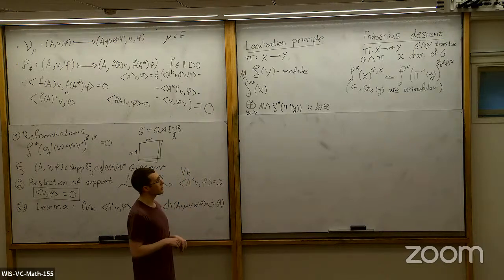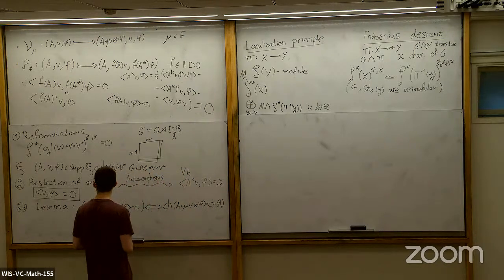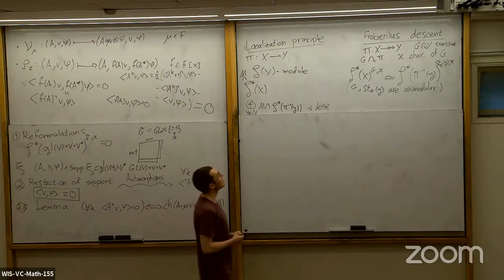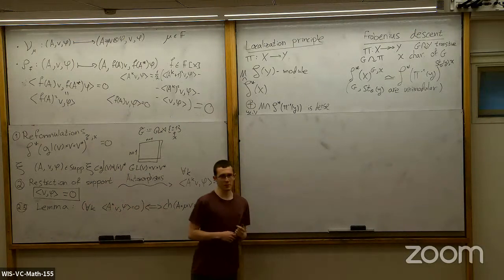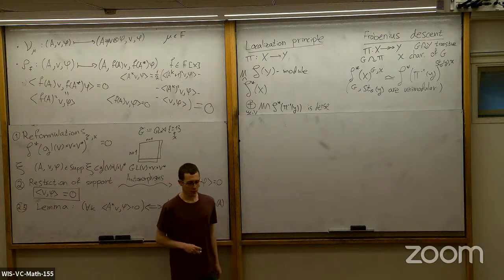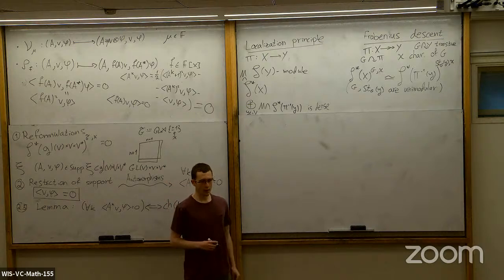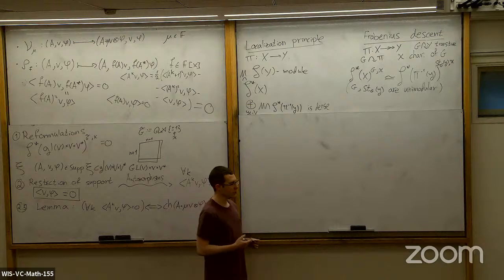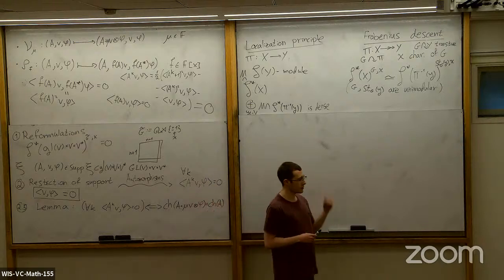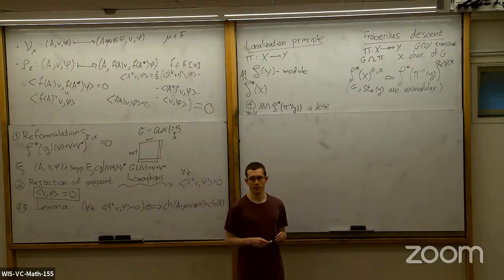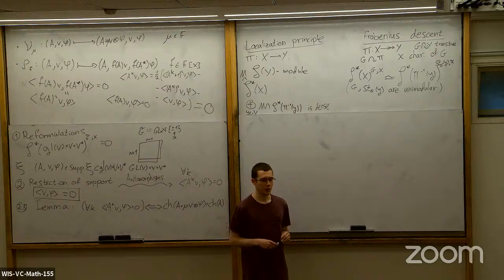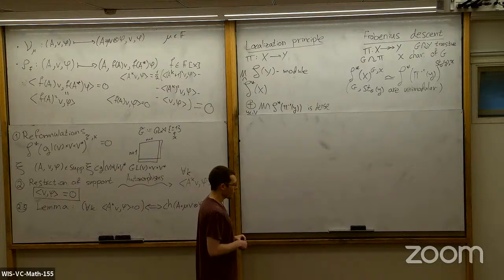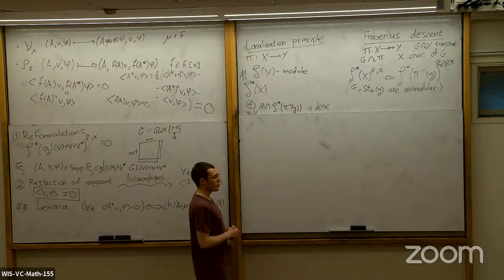We could do this before, but this is a convenience matter. Using the localization principle, we separate it. And then the next thing that we want to do is to use Frobenius descent on the map to A.